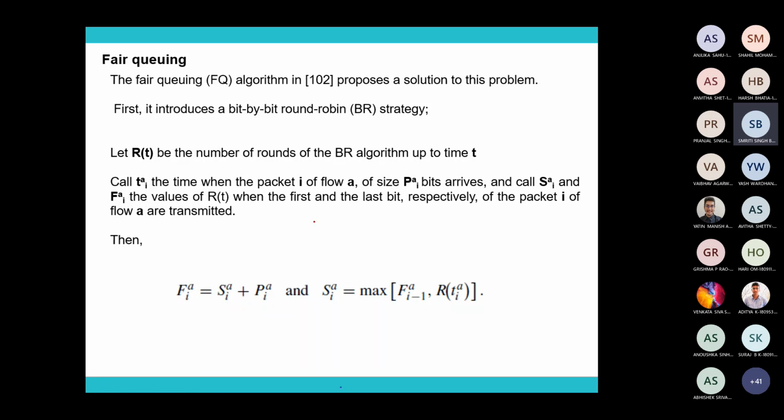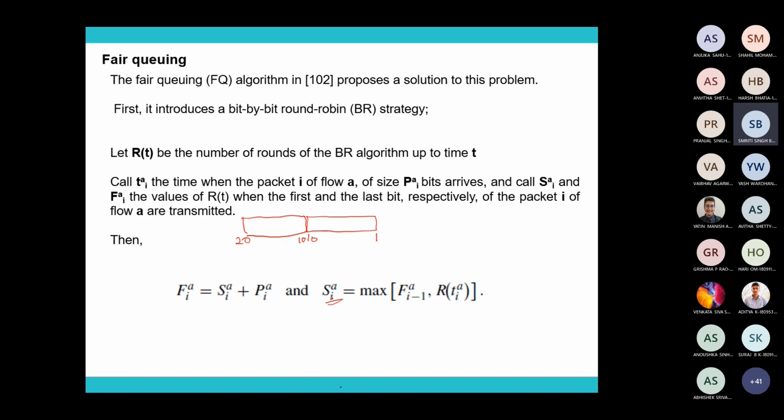Now let's say, in one flow, I will just take numeric values. This is one packet. It has started at 1 and completed at 10. Then the second packet arrives. You can consider that the second packet arrives at 10 only, and it will complete at 20. Now this is the start time of this packet.